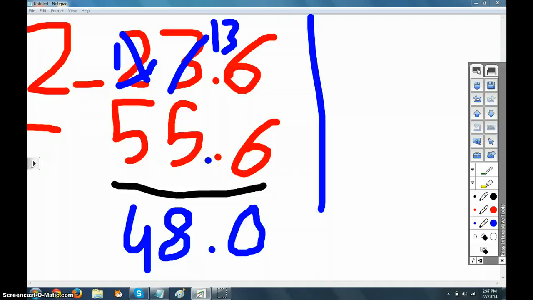No problem if we subtracted 23.6 minus 55.6, or 53.7 minus 24.7, or 23.8 minus 23.7. We just must have numbers that are different. This is example number 2.